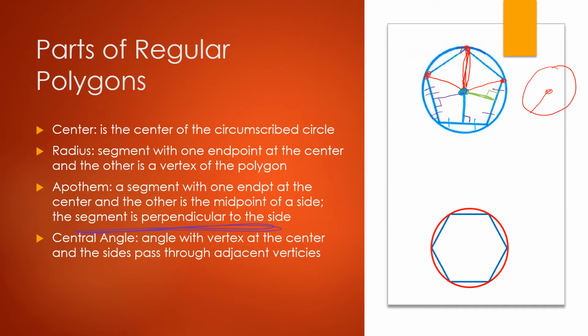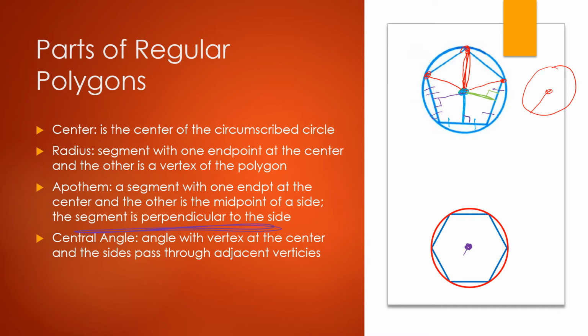A central angle is an angle with the vertex at the center and the sides pass through adjacent vertices. So I'm just going to do this on the one down below here. The one down below is a hexagon, but it's the same situation, a regular polygon, all the sides are congruent. And to be a central angle, here's the center, the vertex is at the center.